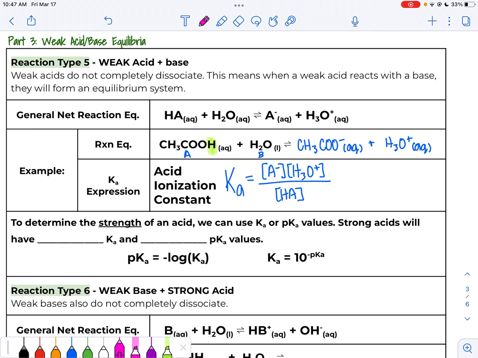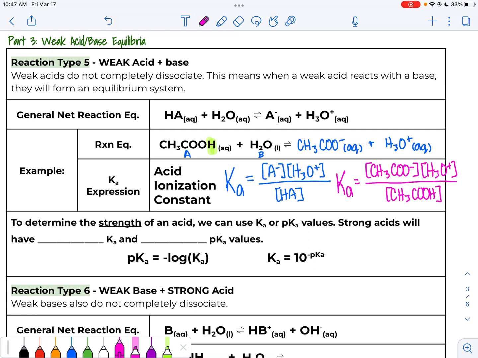For the specific reaction equation that I have written here, you would write Ka is equal to our acetate ion times the concentration of our hydronium divided by concentration of our acid, CH3COOH.